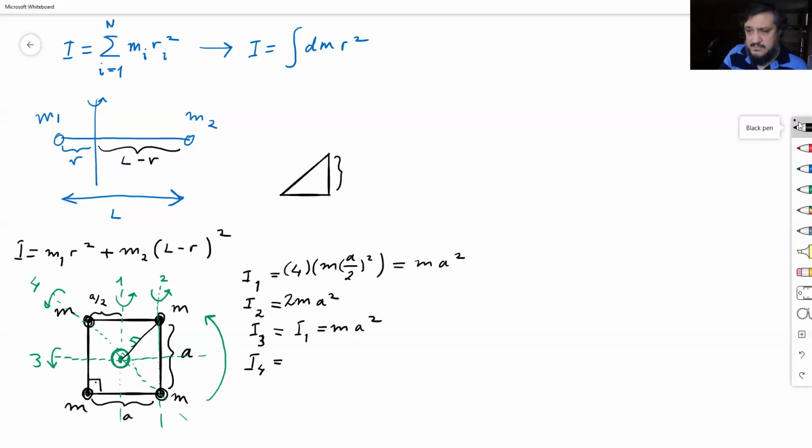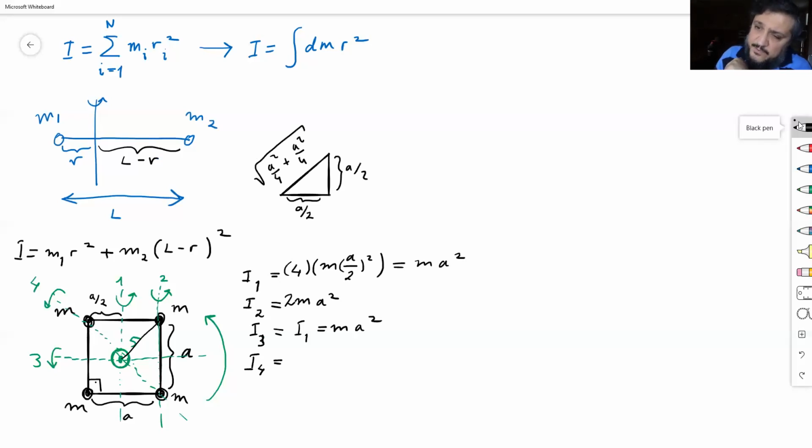Okay, this is half of A, so is this one. Right, and then using the Pythagorean theorem, we'll have A squared over 4 plus A squared over 4. Take the square root of that.